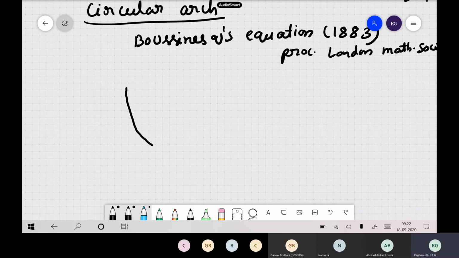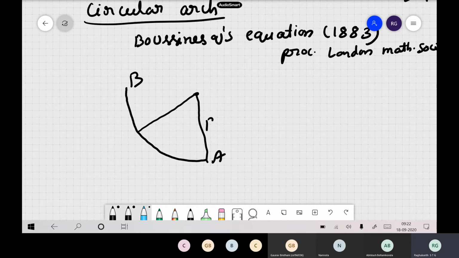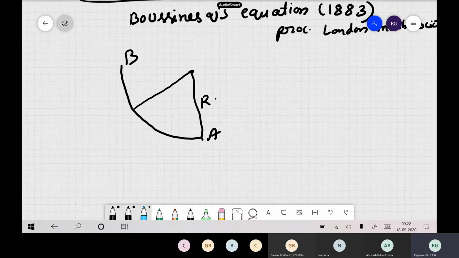Let us say you have a nice circular shape here. Suppose you take this as A and some point B here, and you take any section, and let its radius of curvature be R. Now let us say it is subjected to some type of load, and it has gone to a deformed shape, something like this. The deformed shape is also more or less a circular shape.